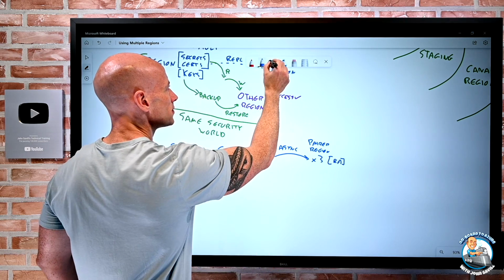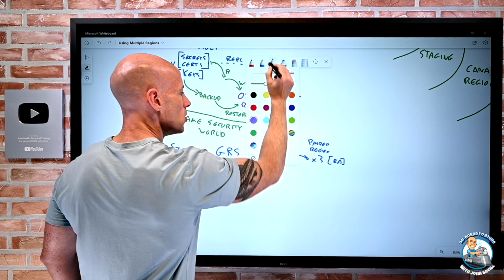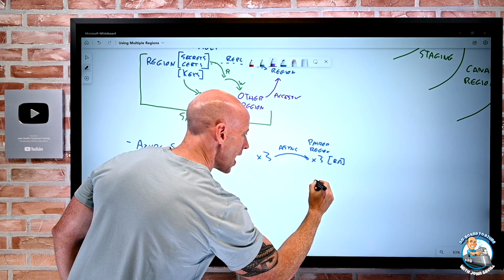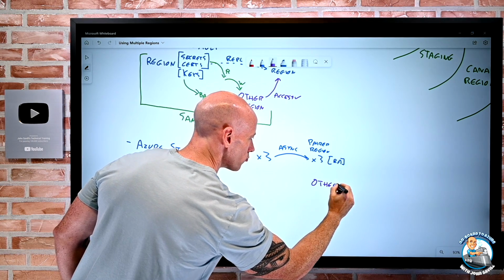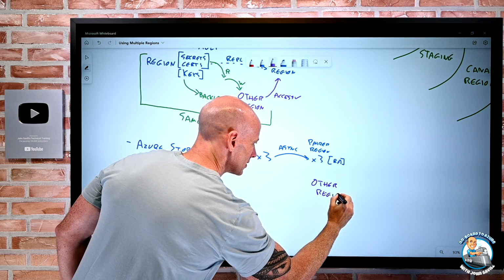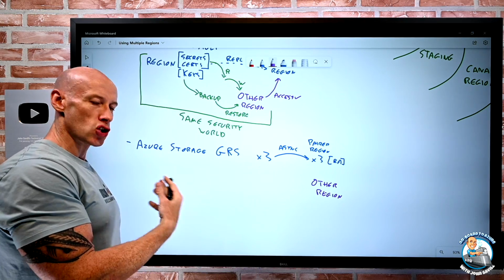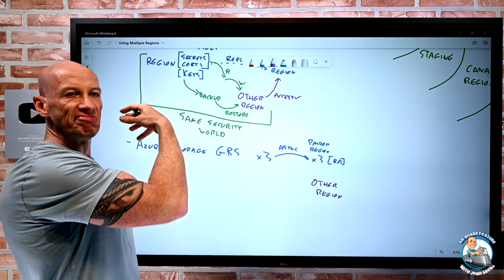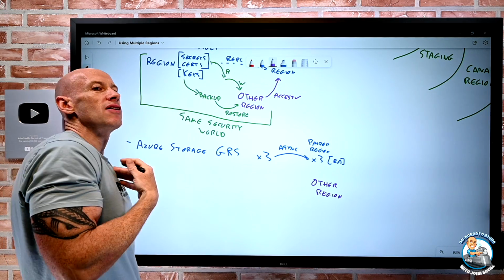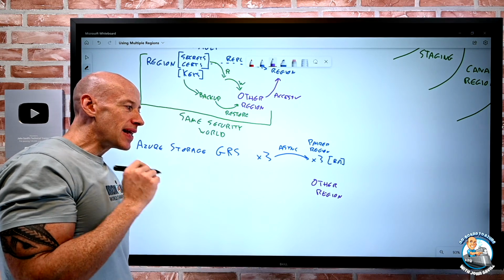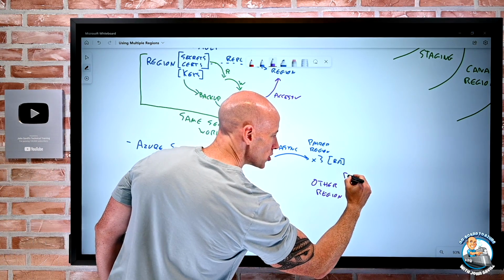Okay, so that's to the paired region. What if, I need to get my colors right here. So this. What if I'm again in my other region, not paired region? So maybe there's some stateful entity in the storage account. Maybe there's certain log files or images written that I need available. And a little bit comes down to what is my recovery time objective?